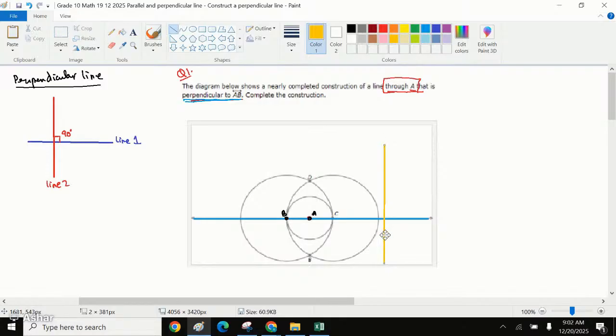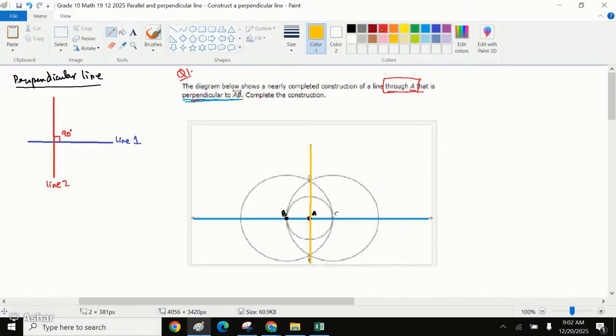But if I draw at this position, is it passing through A? No, it is not. If I draw at this position, is it passing through A? No, it is not. How about this? Still not, right? But if we draw this vertical line passing through A like this, can we say the new line that we drew is perpendicular to the line AB, which we have shaded with orange?